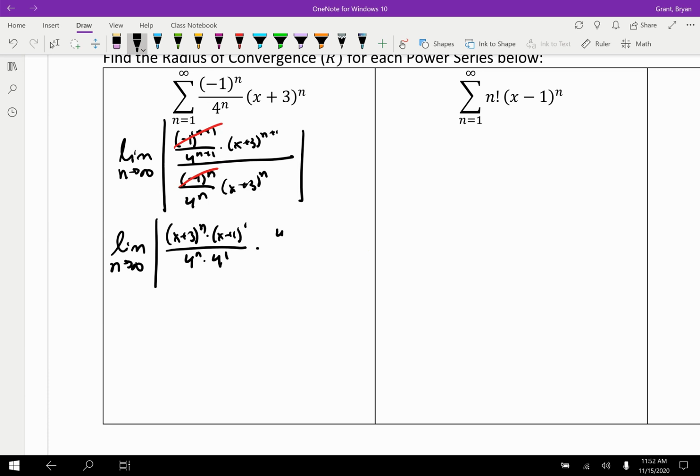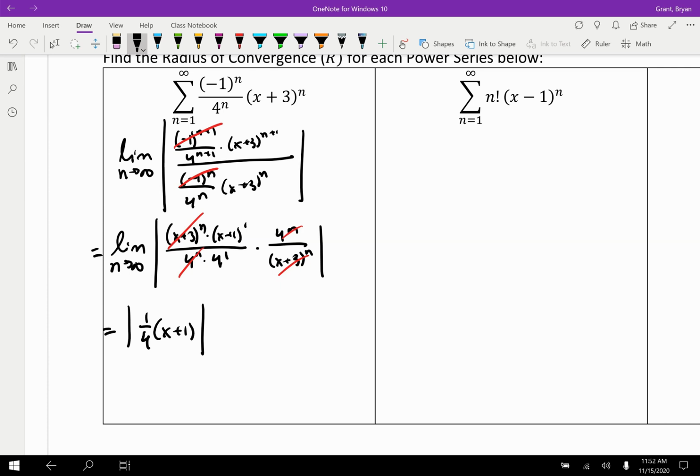Times the reciprocal, 4 to the n over x plus 3 to the n. Looking pretty good. What can we cancel? A lot. And then from here, I think there are no more n values, so we can actually drop the limit. Doesn't matter anymore, right? And so we end up with 1/4. I always like to write this out in front of x plus 3.